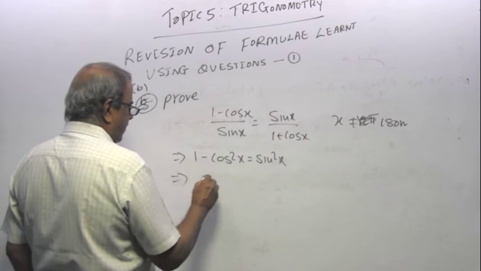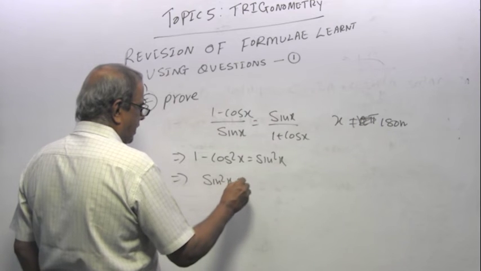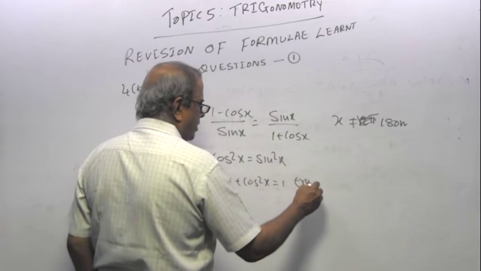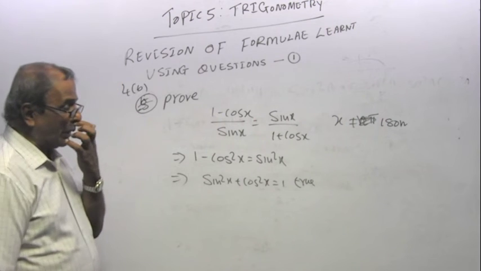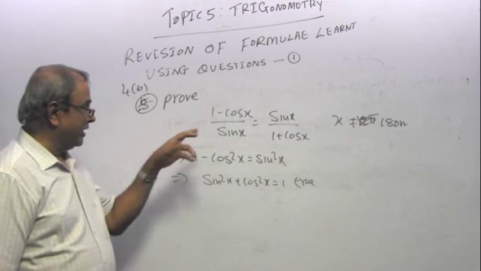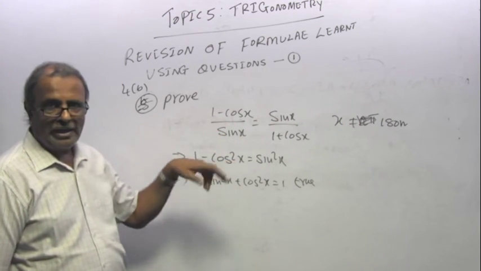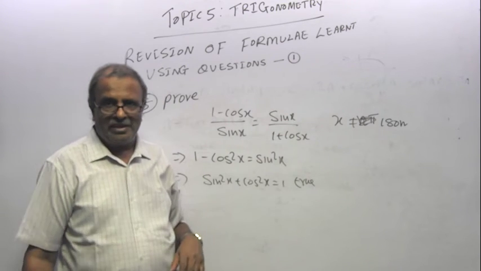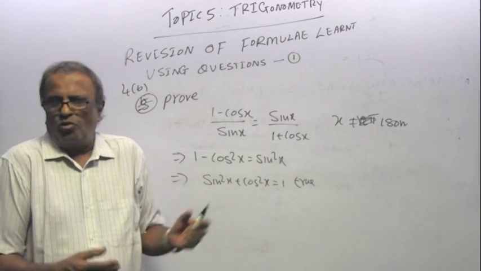That means sin squared x plus cos squared x equal to 1, which is true. But by writing 1 minus cos x, this as cosec x minus cot x, then multiplying, simplifying, I can arrive at the answer. It will take 2.5 pages, not worth doing.